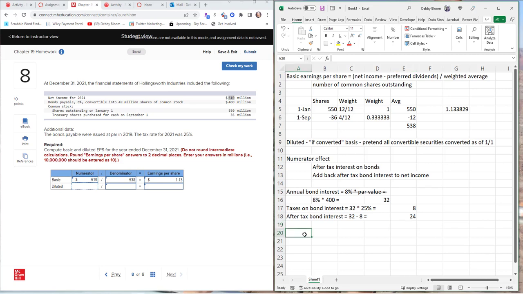So our new numerator is the net income, add back the after-tax bond interest. So I'm going to take the 610 million and add back the 24 million. So of course, that is going to be 634 million in the new numerator.